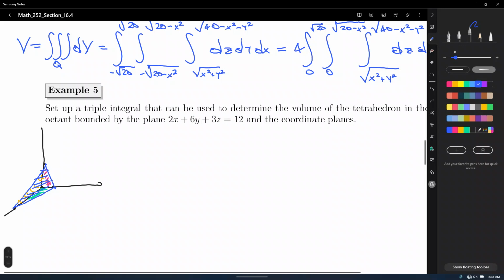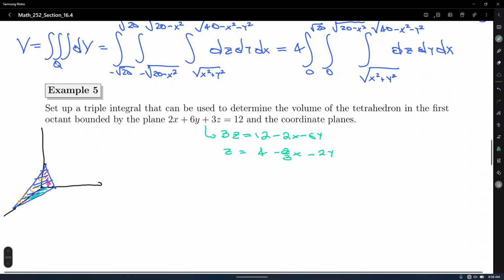We need to solve this for z. So 3z equals 12 minus 2x minus 6y. Z equals 4 minus 2/3 x minus 6 over 3, that's 2y. So that is our plane surface as a function of x and y.